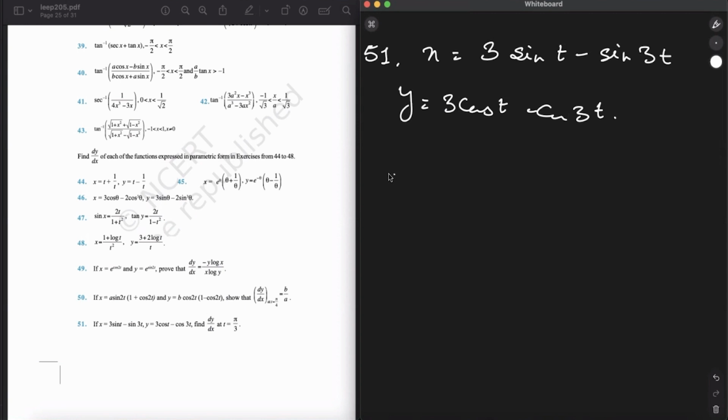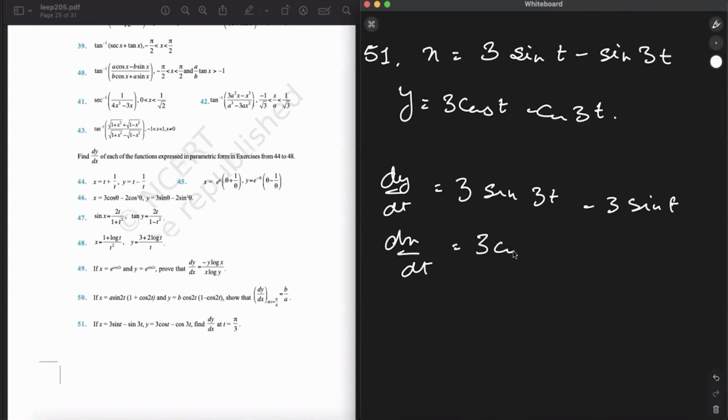So dy by dt is equal to what? 3 sin 3t minus 3 sin t, and dx upon dt is equal to 3 cos t minus 3 cos 3t.